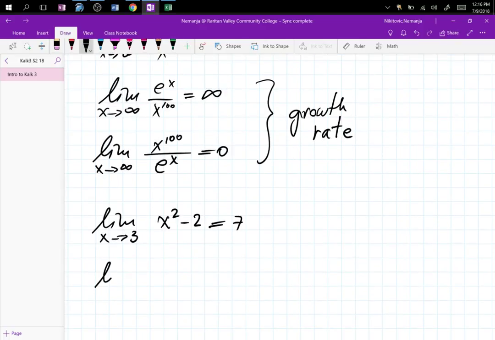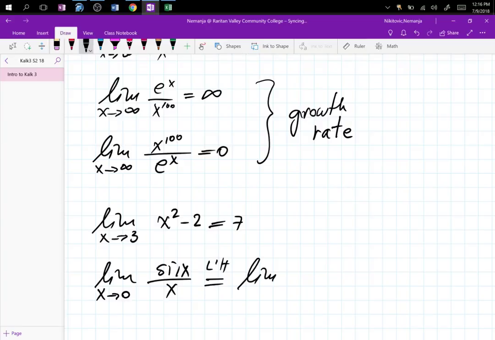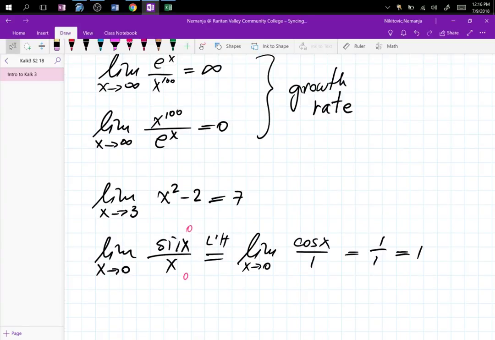If you have the limit of, let's say, sine x over x as x goes to 0 and you haven't memorized the solution, you can use L'Hopital's rule, because this is 0 over 0, and we know that's indeterminate form, so we'll get cosine x over 1, and as you plug in 0 now, you get 1 over 1, which is 1, and that is your answer using L'Hopital's rule.